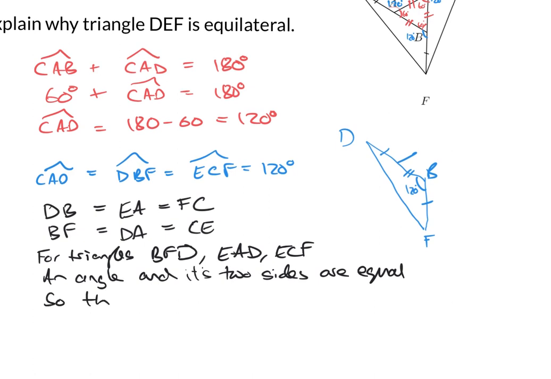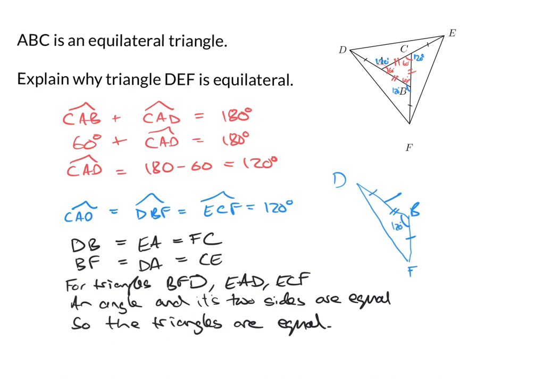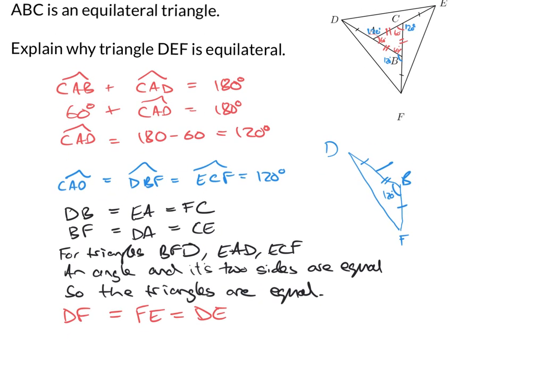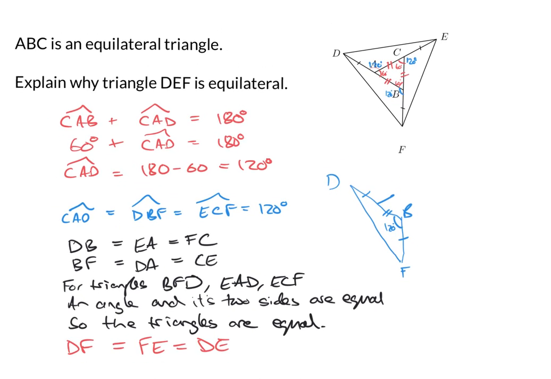So the triangles are equal. So if the triangles are equal, that means that the other sides are equal. DF must equal EF must equal DE. So let's put that one in. So DF must equal FE must equal DE. So we have three sides the same length. So we know our triangle, those three sides are all the same length.